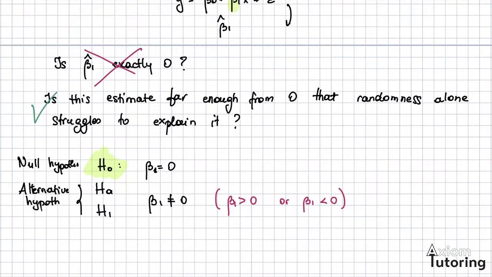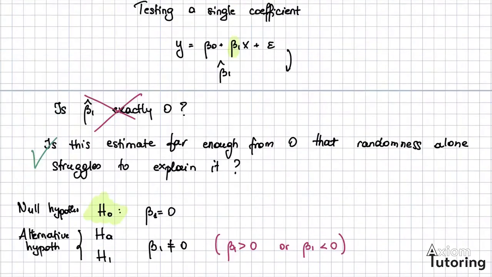So, saying it clearly, the null is not what we believe. It is a benchmark we are testing against. Everything that follows, keep in mind, is conditional on that null hypothesis being true. But an estimate by itself means nothing. This beta 1 hat could be, let's say, a 5. Cool, impressive.